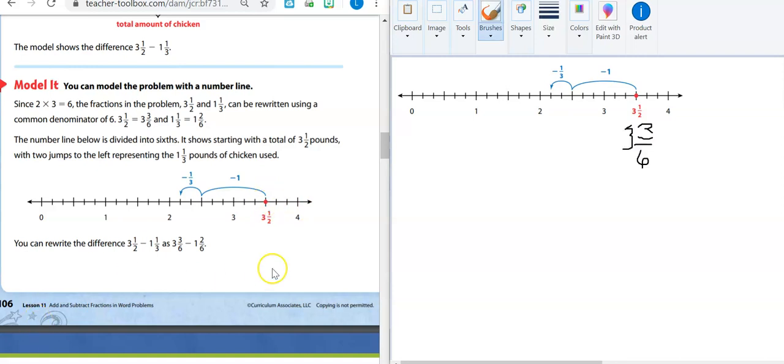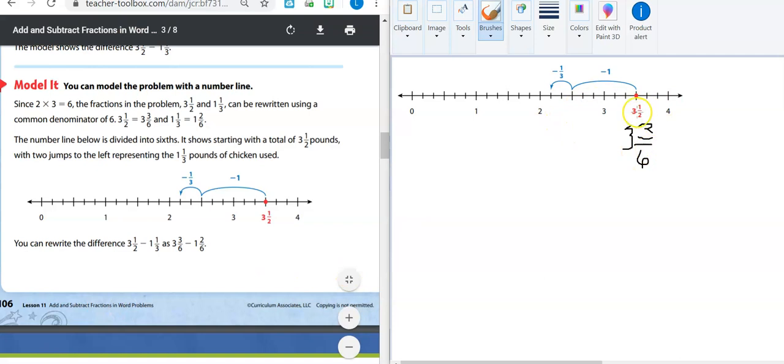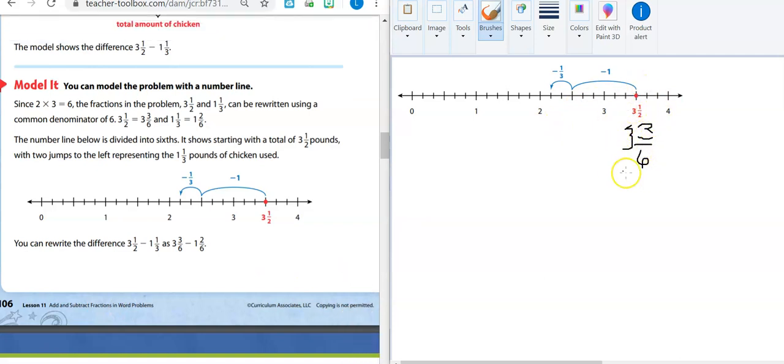So if you look to the right of the screen, I identify that 3.5 is the same as 3 and 3/6. Now we're subtracting 1 and 1/3, which is equivalent to 1 and 2/6. So if we jumped over 1 whole, 6 over 6, which is our denominator, 6 over 6 would equal 1 whole.